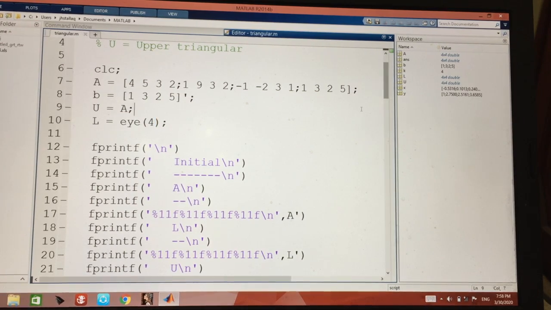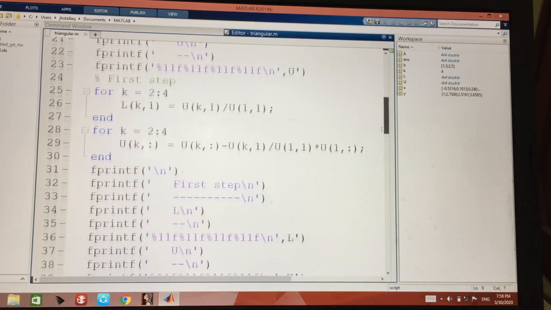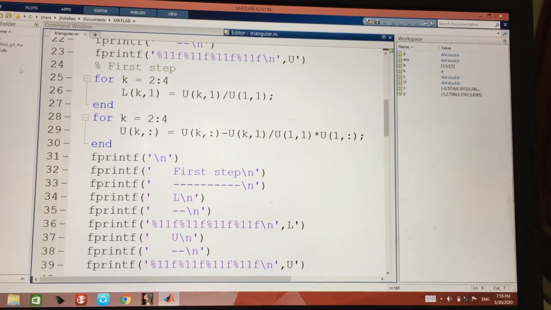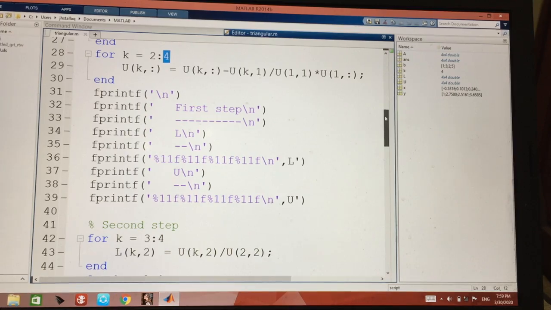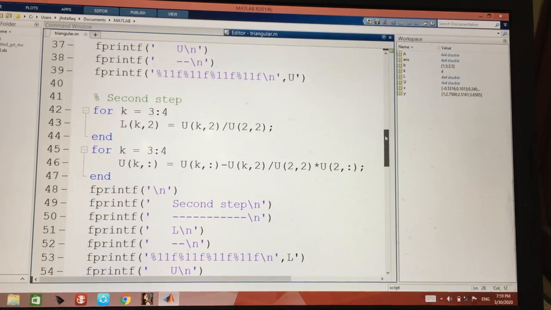And when you come to do this, the first step is the same. Here you say from 2 to 5 instead of 4, 2 to 5. And here is the same. And then you go to the first step.